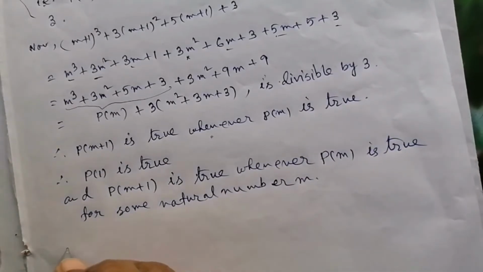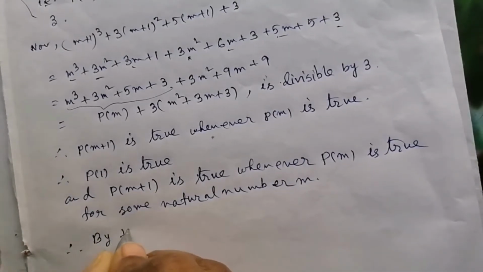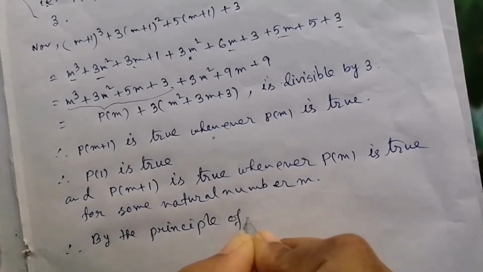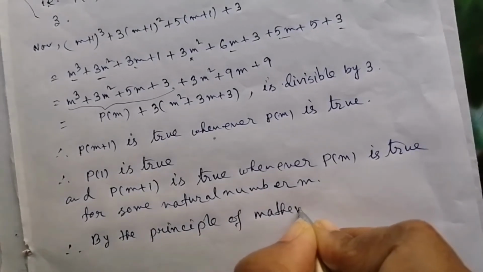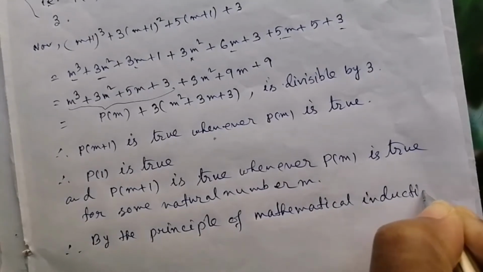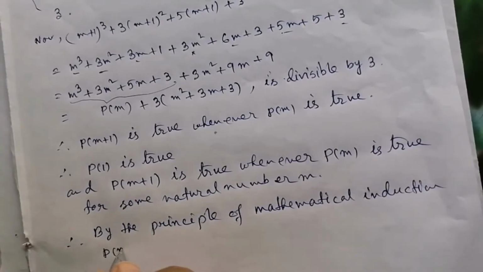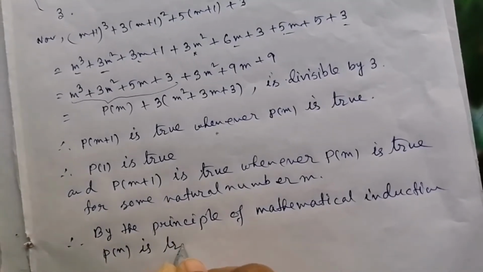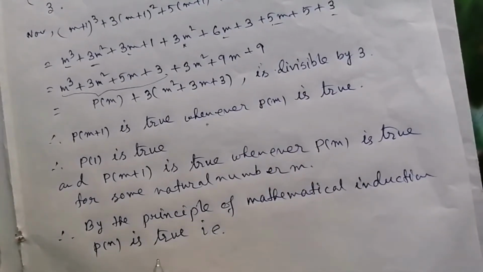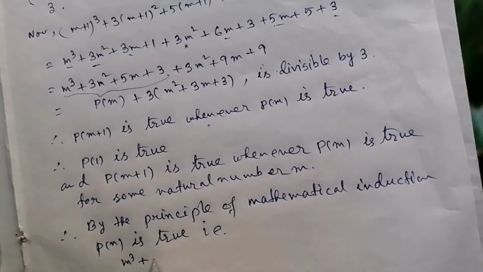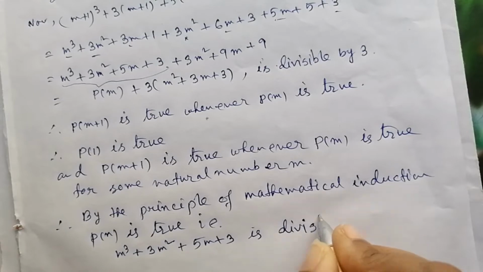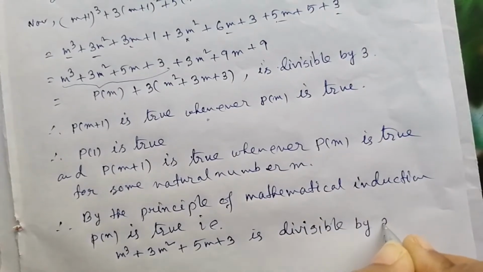P(1) is true. Therefore, by the principle of mathematical induction, P(n) is true, that is n cube plus 3n square plus 5n plus 3 is divisible by 3.